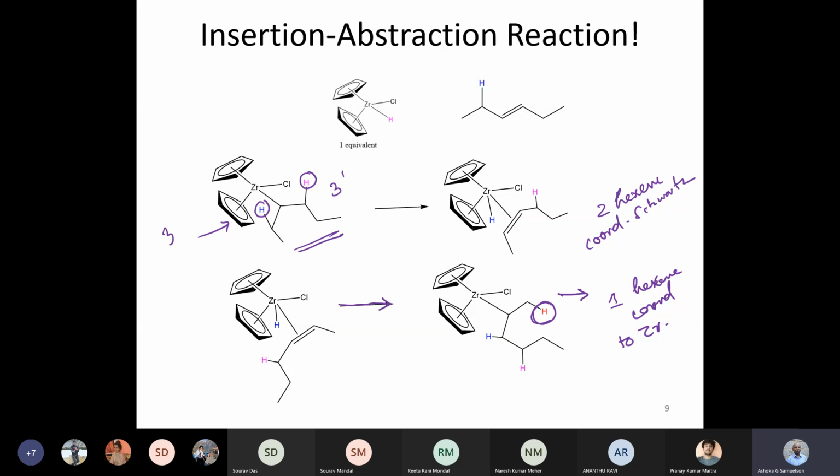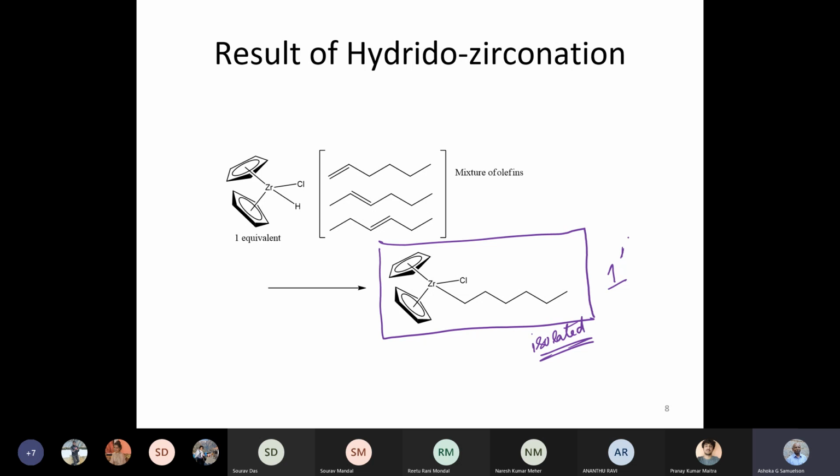So in this fashion, the hydrogen can be added and removed from the alkene, and you can have multiple steps, but these steps can be very fast. As a result, you have both insertion and deinsertion, or insertion and abstraction, or insertion and beta hydride elimination, leading to isomerization of the hexenes, and the final product is only 1', which would be formed by addition of the Schwarz reagent to 1-hexene. So this seems to be thermodynamically the most stable species.